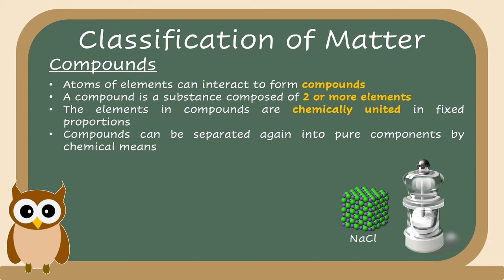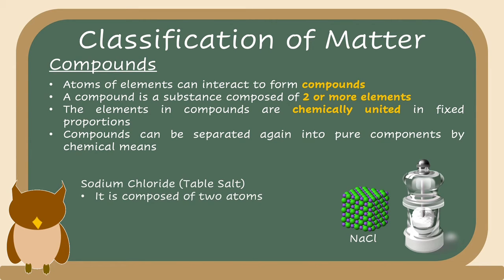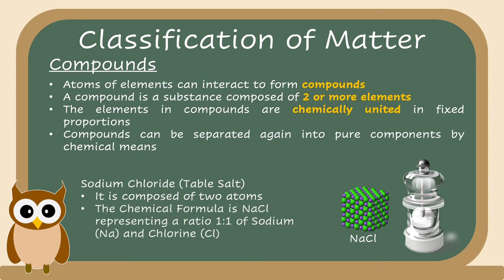A very common compound is table salt, also known as sodium chloride. Sodium chloride is composed of two different elements. The chemical formula for sodium chloride is NaCl, which represents a 1:1 ratio of sodium and chlorine.